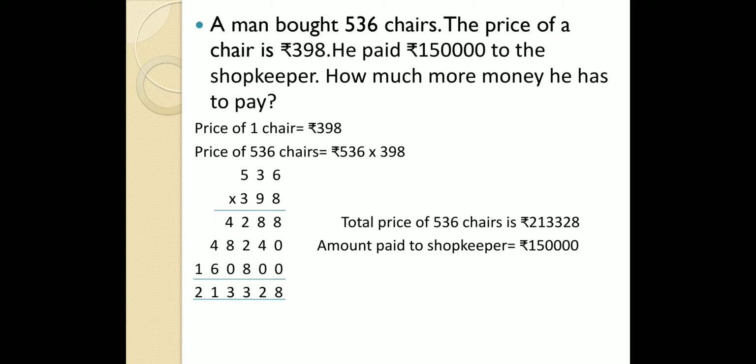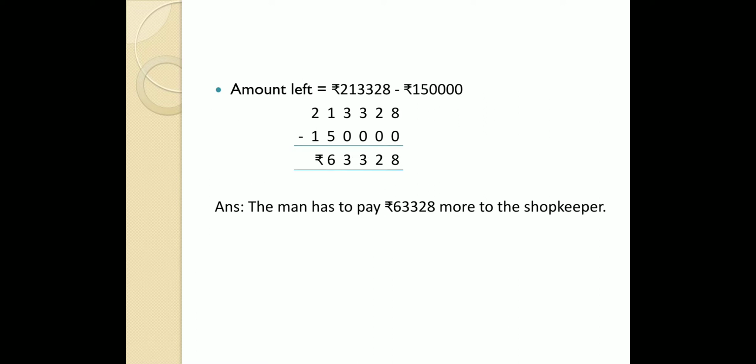Okay. So the total price of 536 chairs after multiplication gives the answer 2,13,328. Now it has been told in the word problem, the man has paid 1,50,000 to the shopkeeper. Now how much more money does he have to pay? So to find the leftover money, we have to subtract.